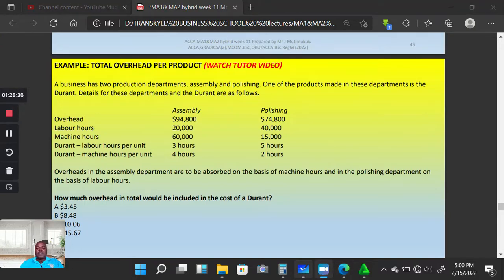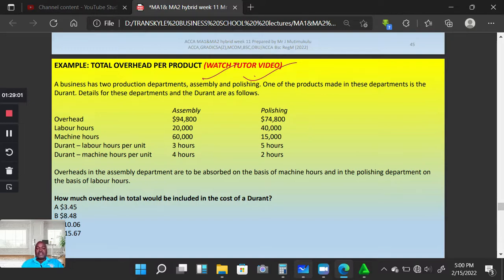So this last example, on total overhead per product, is testing what we've already covered. However, let us give it a quick run through. A business has two production departments, assembly and polishing. One of the products made in these departments is the Durant.